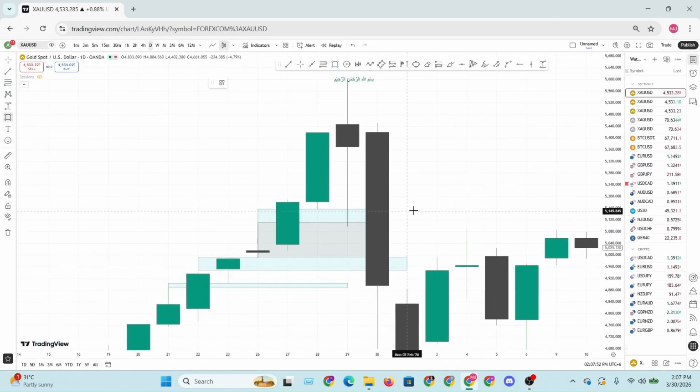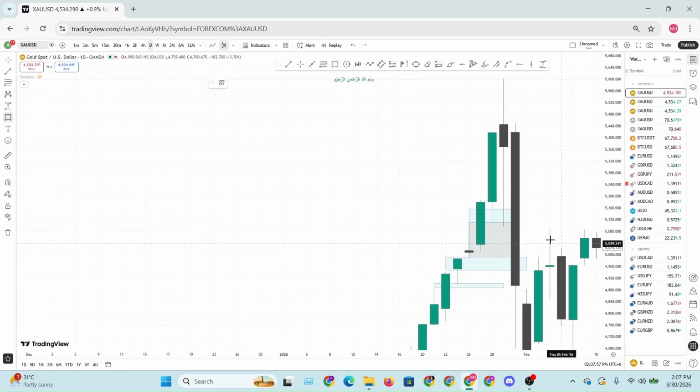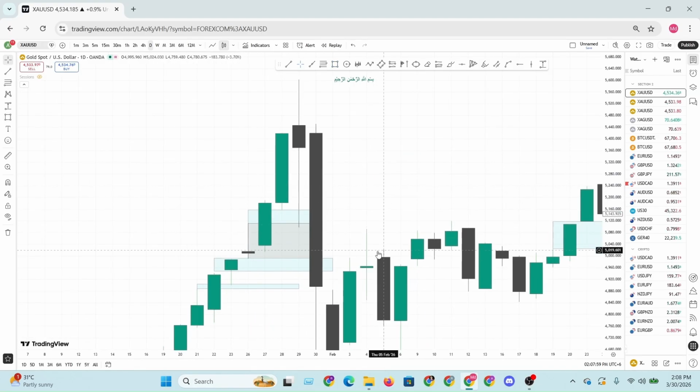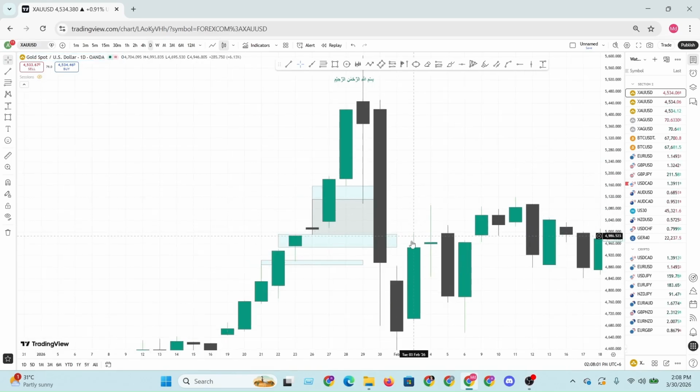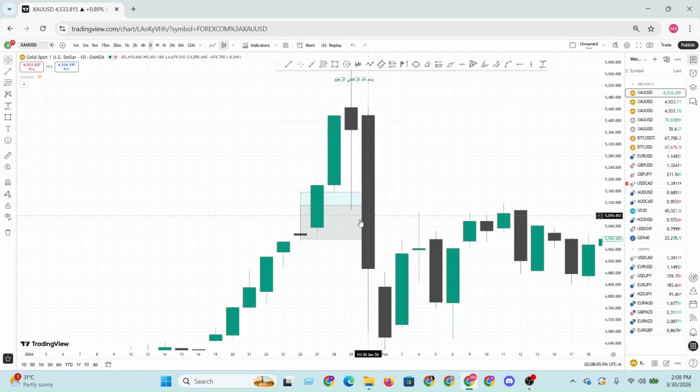Let's see another one. This is the order block.